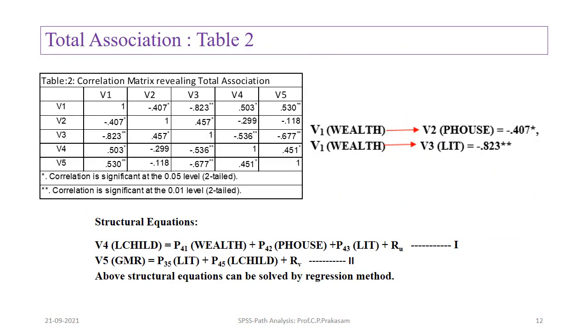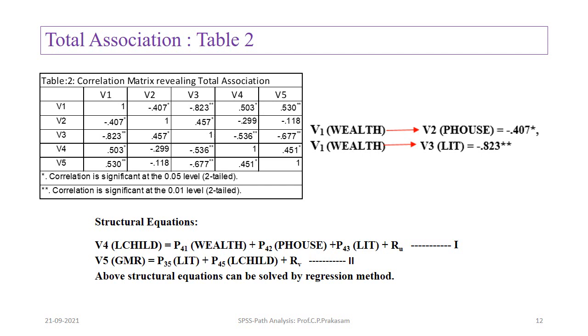As we discussed earlier, the total association is represented by the correlation of the variables within the path diagram. Therefore, here we have 5 variables V1, V2, V3, V4, V5. The sum of all the path coefficients will become the total association of the correlation matrix.